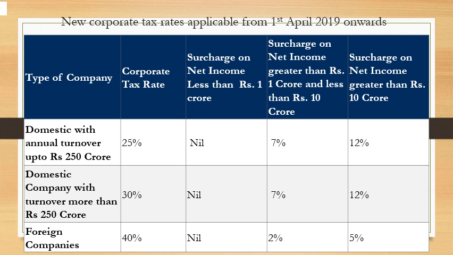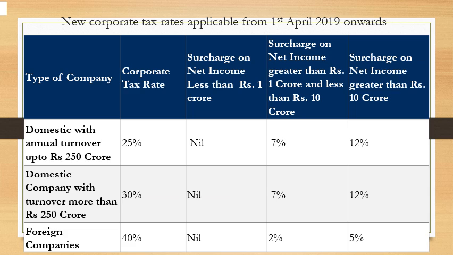Once the tax is paid, if the company still has a PAT of more than 1 crore up to 10 crores, they have to pay 7% surcharge. If the PAT, profit after tax, that is earnings after tax, EAT, is greater than 10 crores, they will have to pay 12%.